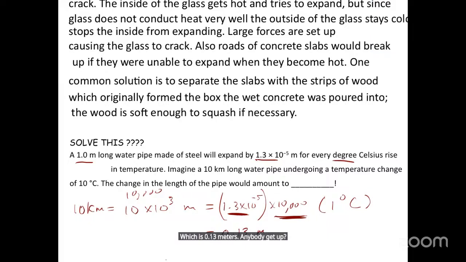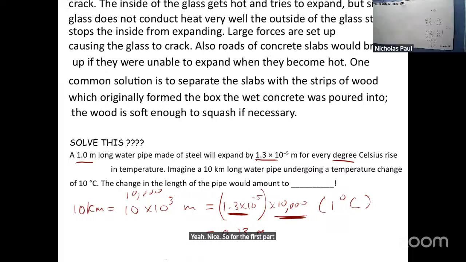Oh, yes, sir. So for the first part, that's 1 degree change. Now, for 10 degrees change, I just have to multiply this by 10. So my final answer is 1.3 meters. Anybody got that? Nice. So you have to do it for 1 degree and then 10 degrees.